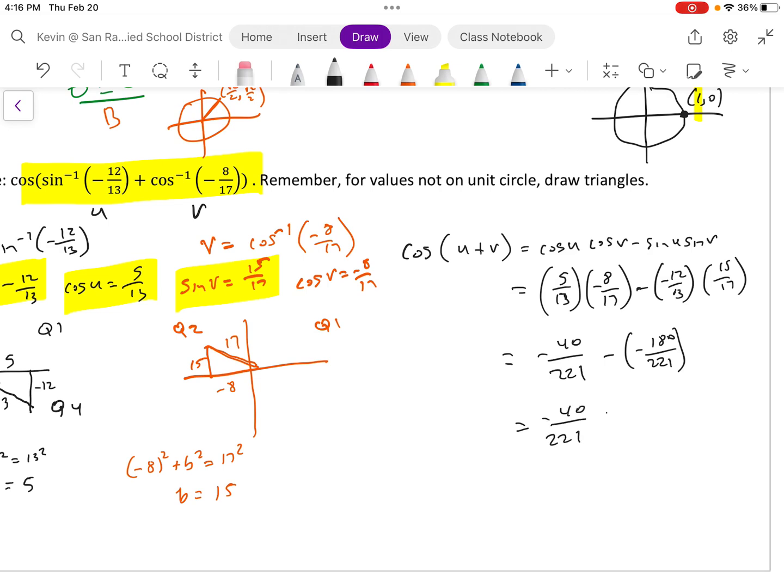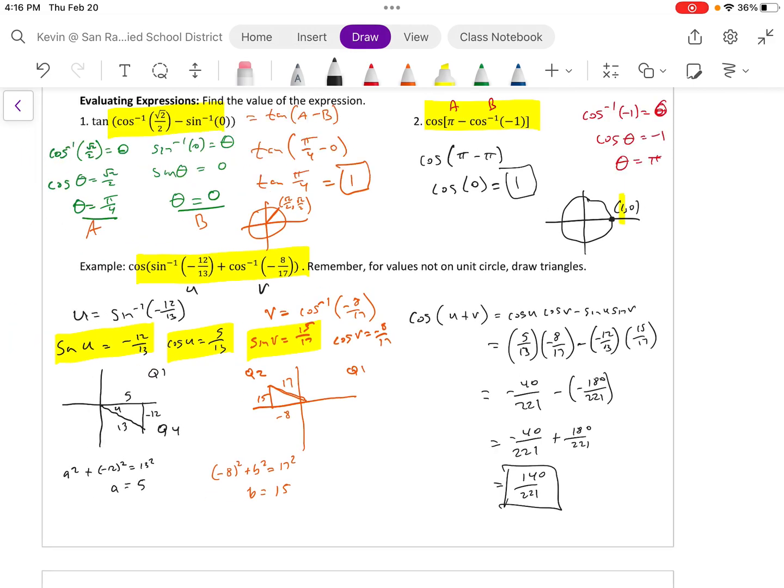This is negative 40 over 221 plus 180 over 221 equals 140 over 221. Whew, a lot of basic math coming in, a lot of fractions, multiplying fractions. Got to get all that sorted out.